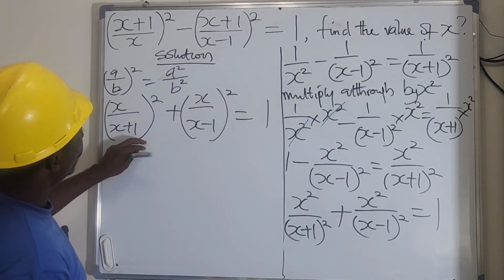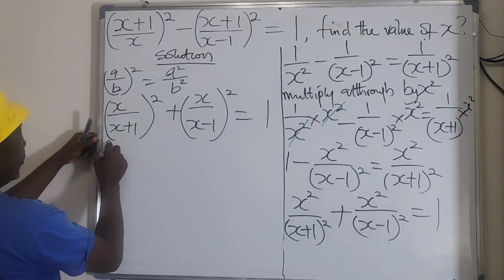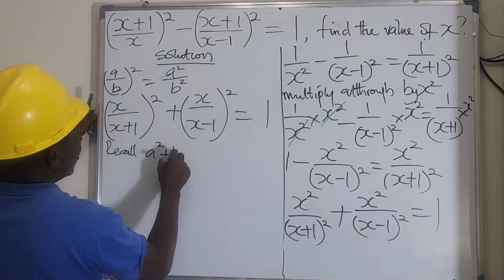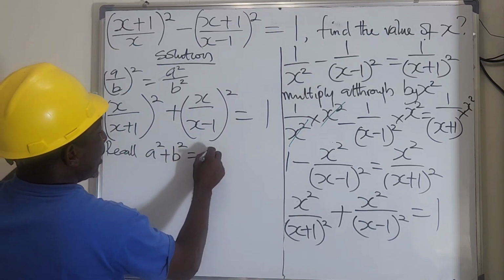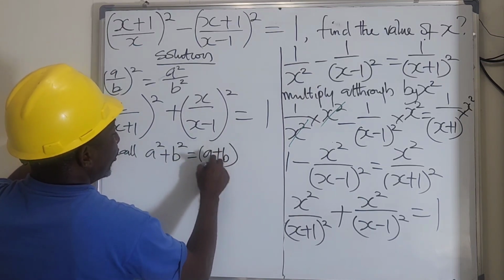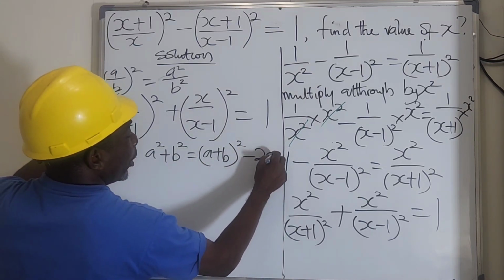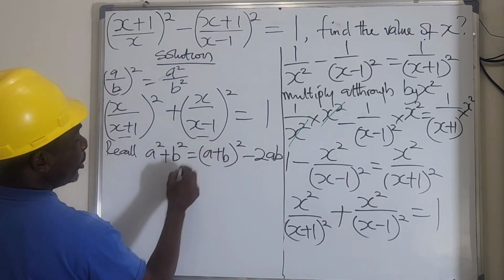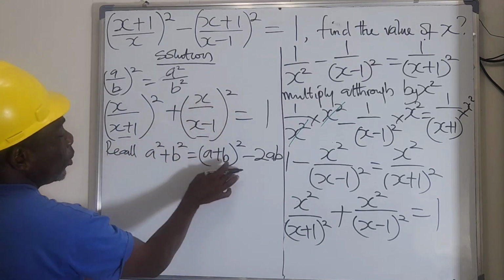So in this case, we have this. We can also recall that a squared plus b squared is the same thing as a plus b all raised to the power of 2 minus 2ab. In this case, this is our a and this is our b. So we'll substitute this into the expression we have here.